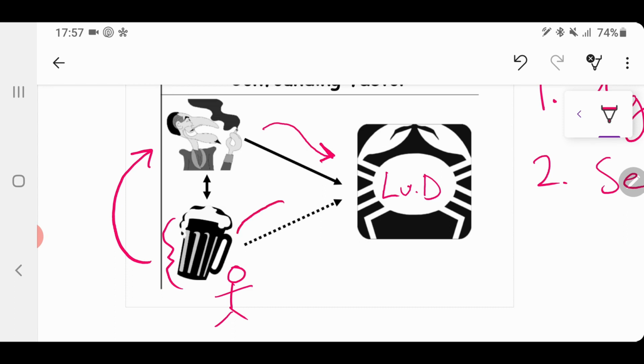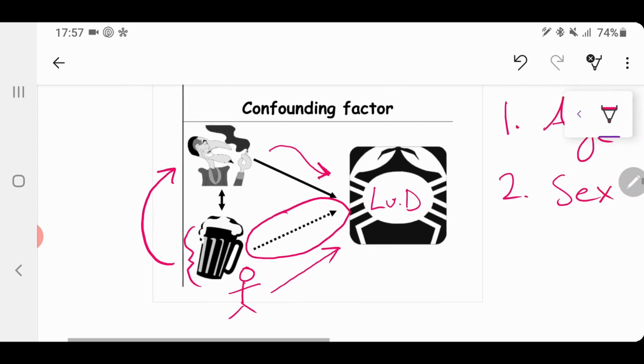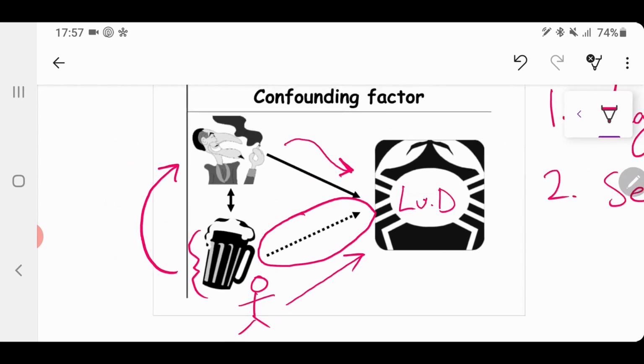As you can see here, there's a dotted line. Drinking does not cause the lung disease or the lung cancer. However, it's this idea of confounding factors, this kind of gateway notion, in that people who drink are more likely to smoke, and it's through this kind of stereotype, or confounding factor, that you can say it causes the disease.